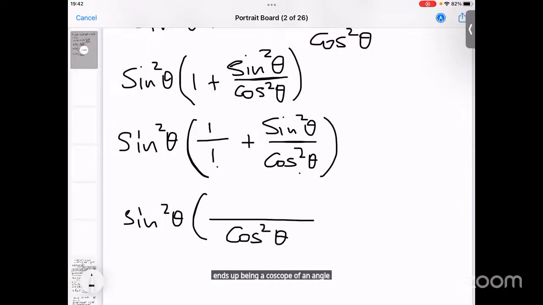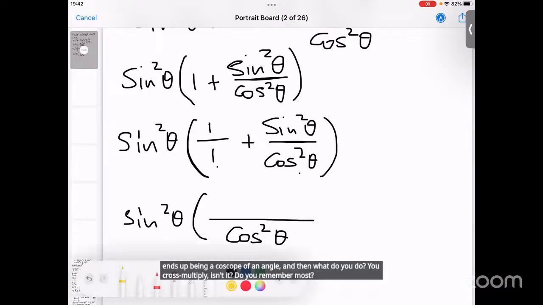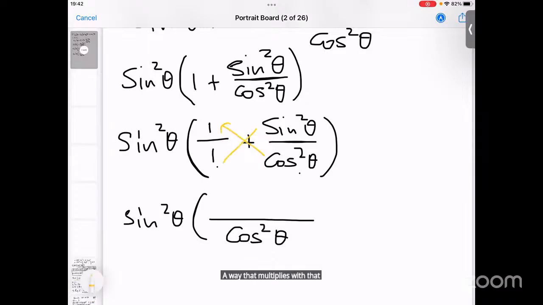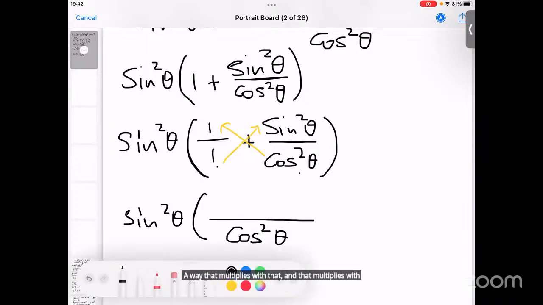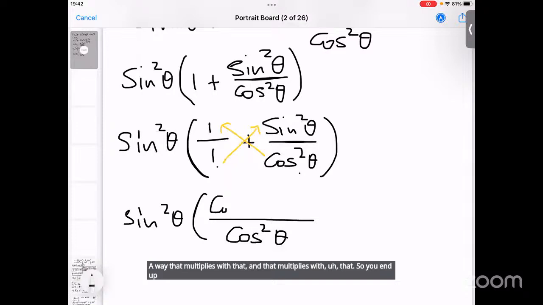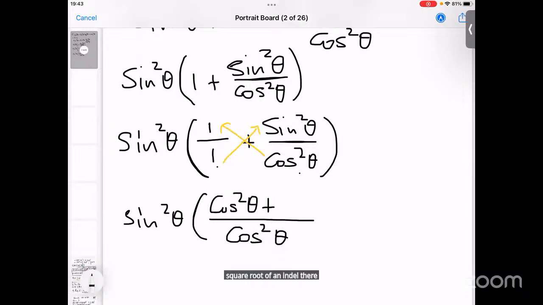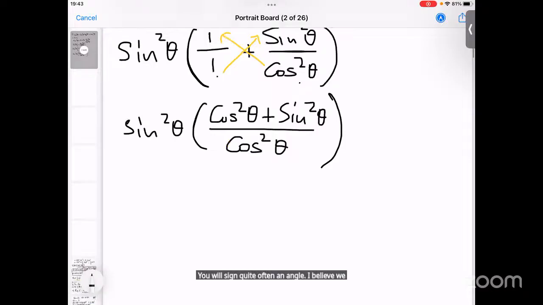And then what do you do? You cross multiply, isn't it? You remember, that multiplies with that, then that multiplies with that. So you end up having your cos squared of an angle there that you need to plus it with your sine squared of an angle there. I believe we're still together up to this point, honorable member.